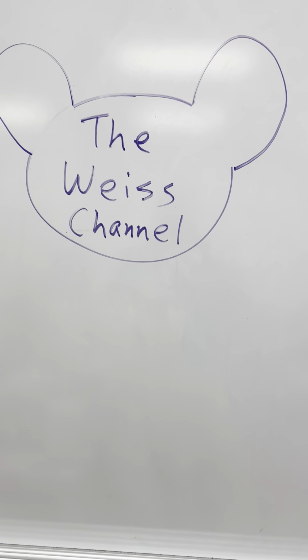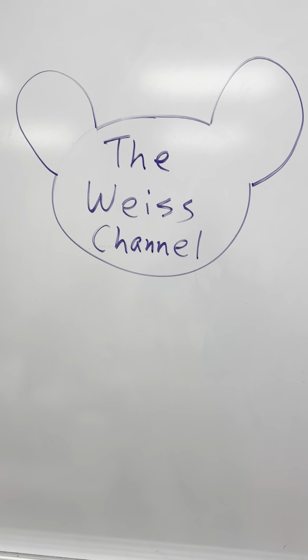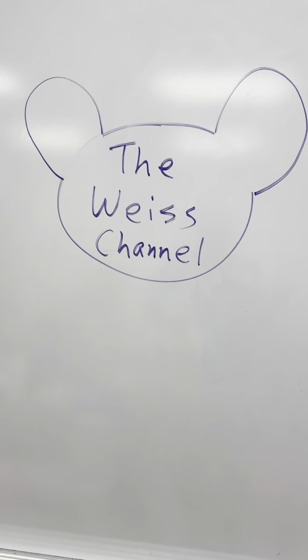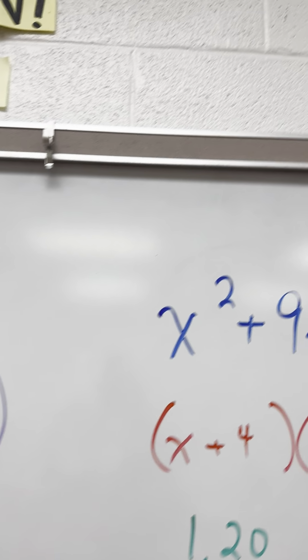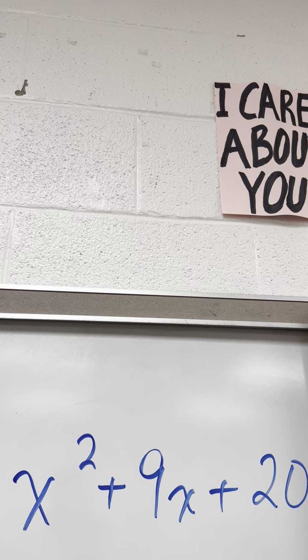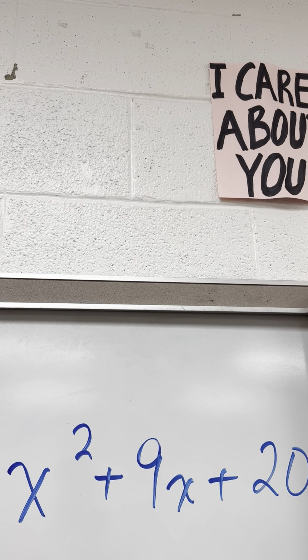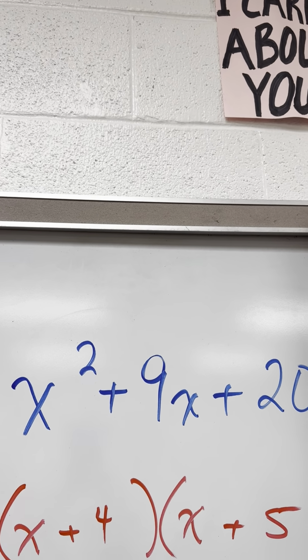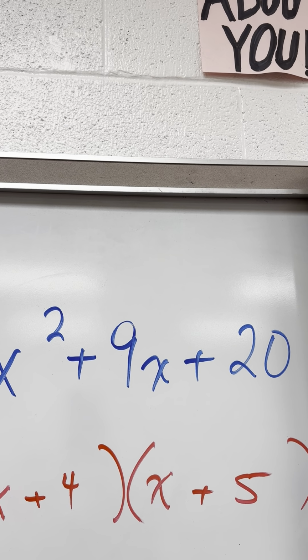So we're going to do factoring trinomials part 2. In part 1, we said x squared plus 9x plus 20. Factor this. Well, what times what makes x squared? X times x. And then what times what makes 20?